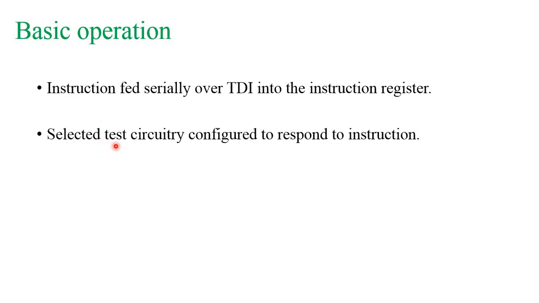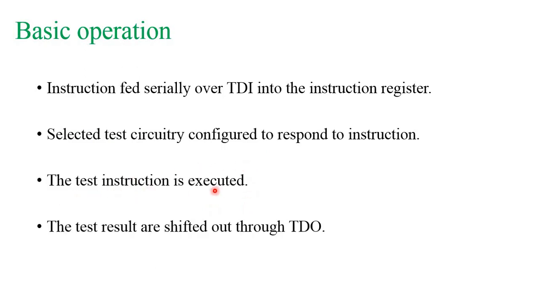It selects the test circuitry configured to respond according to the instructions, the test instruction is executed, and the test result is shifted to the TDO. So from TDI to TDO, that is how we can feed the signal serially, by making use of these four points.